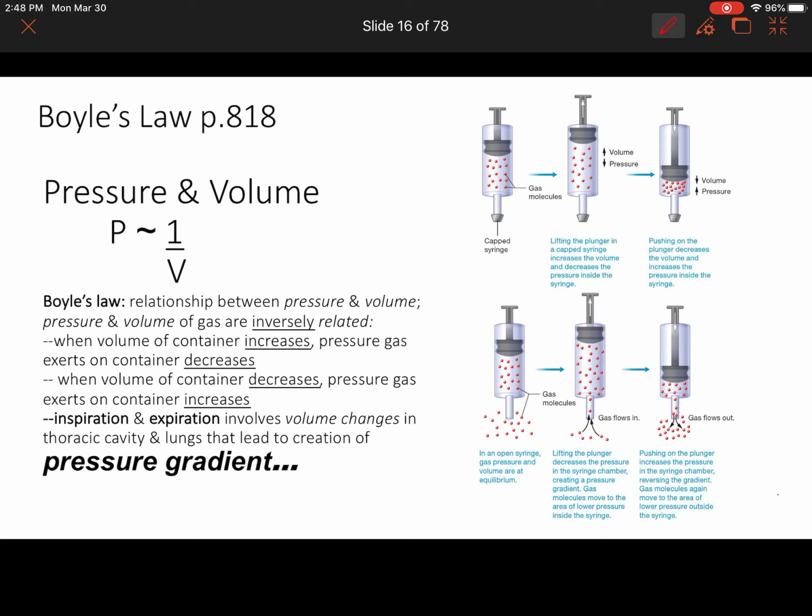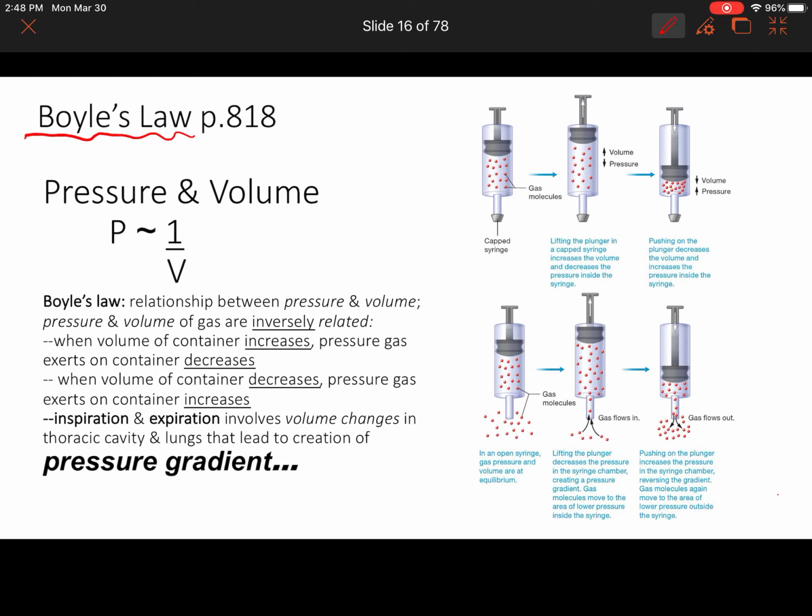So there's a special relationship between pressure and volume. When we talk about the pressure of a gas or air within its container, that pressure is inversely related to its volume. And this inverse relationship is described by Boyle's law.